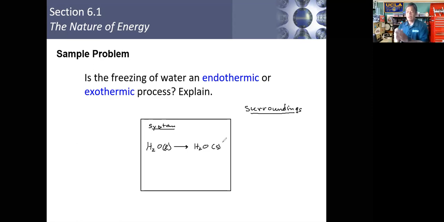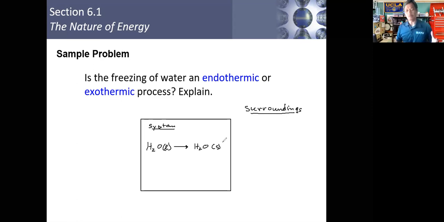So that's our system. Hopefully you're able to identify this, because what we are examining here is the process of freezing, of forming ice. We're going to try to explain whether this process involves the absorption of heat or the removal of heat.